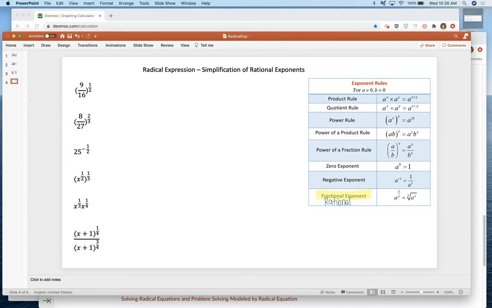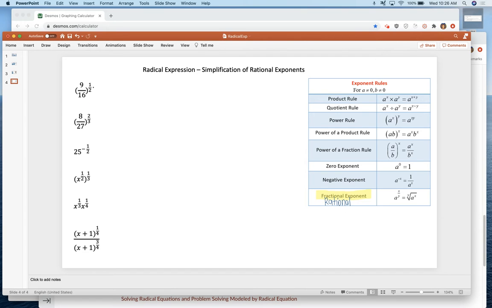So, an exponent in the form of a fraction. You must be very familiar with this expression: we can rewrite our radical as a rational exponent, where the index of the root is the denominator and the power of the radicand is the numerator.